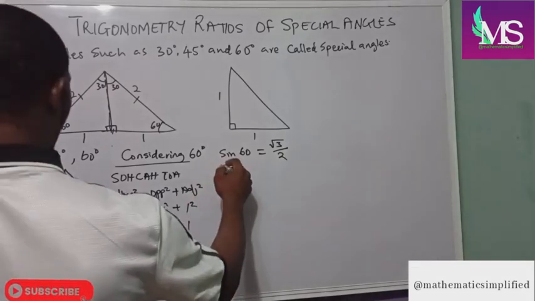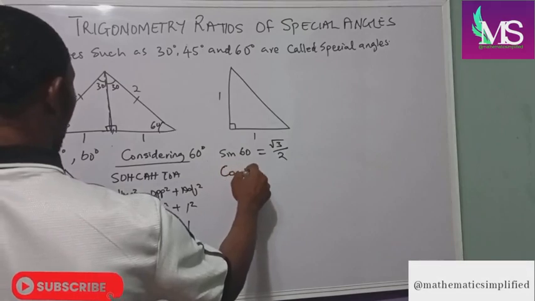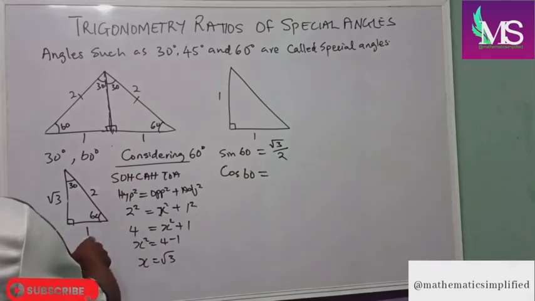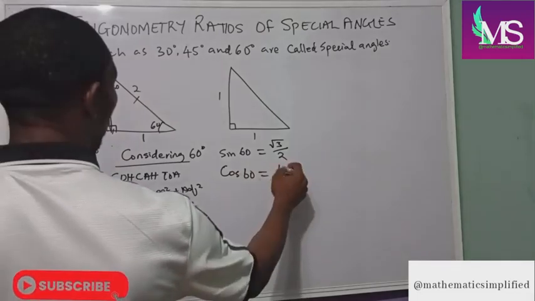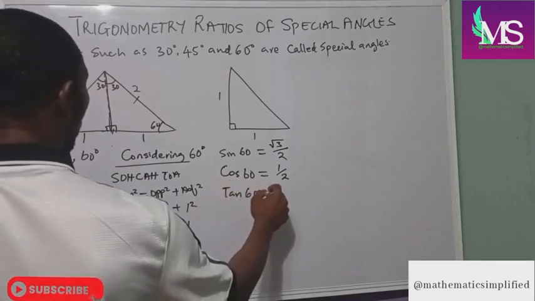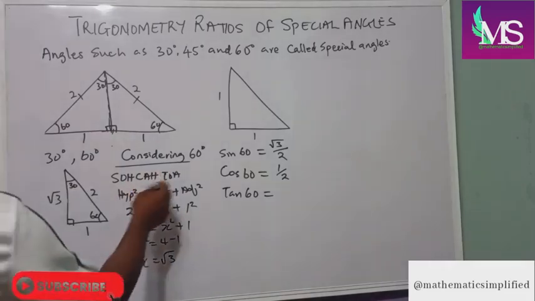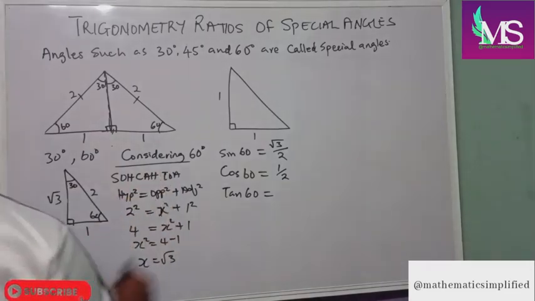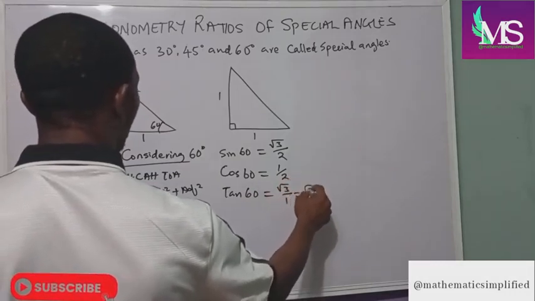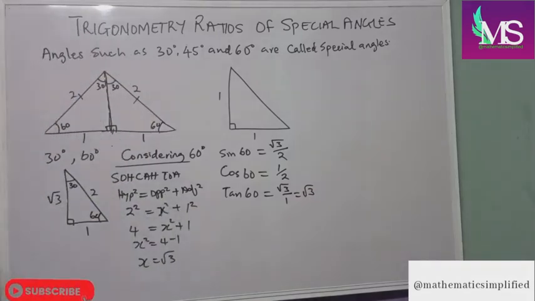Cos 60 is going to become adjacent over hypotenuse, which is 1 over 2. And tan 60 will become opposite over adjacent, which is root 3 over 1, which gives us root 3.